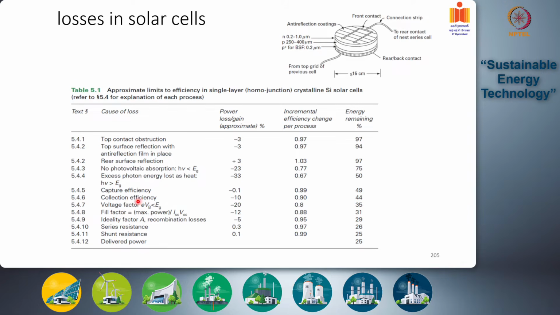Okay. Then you have the voltage factor. Voltage factor reduces efficiency because the open circuit voltage is actually less than the voltage across the space charge region. So you remember the voltage factor was around 0.8. So we are losing 20% efficiency there out of this 44%.